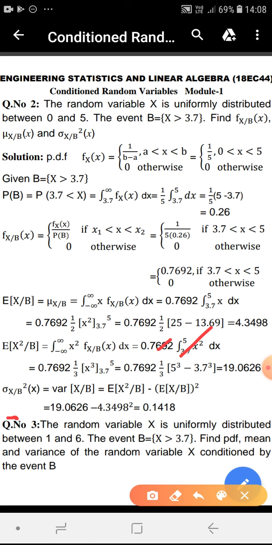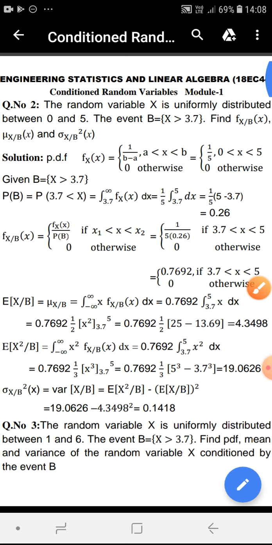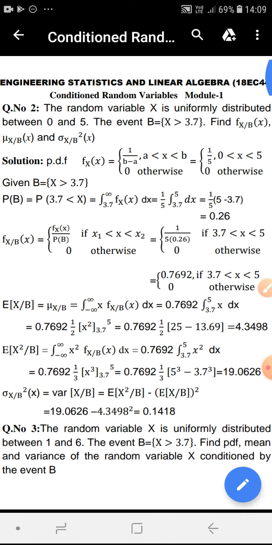Keeping it outside the integral sign, we get 0.7692 times the integral from 3.7 to 5 of x square dx. That integral of x square dx you have to calculate, taking the difference at the upper and lower limit. Finally, the answer for the expectation of the squares conditioned by B is 19.0626.